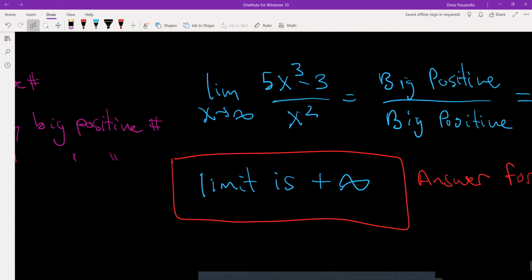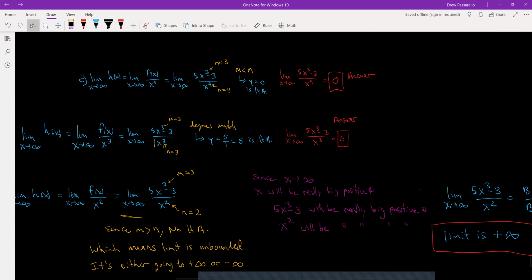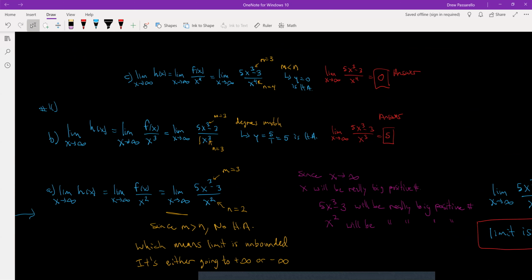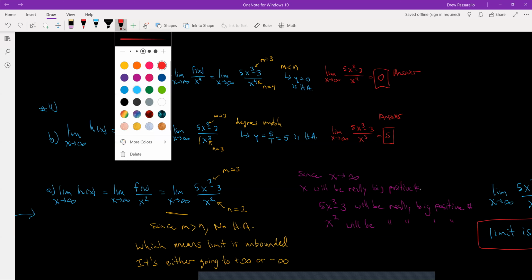And then part B, it turned out to be the same values for the degrees and gave us 5 for the answer, since that's the ratio of the coefficients. And then part C, the degree in the denominator was bigger than the degree in the numerator. So since m is less than n, it's always y equals 0 for the horizontal asymptote. So the infinite limit is 0.